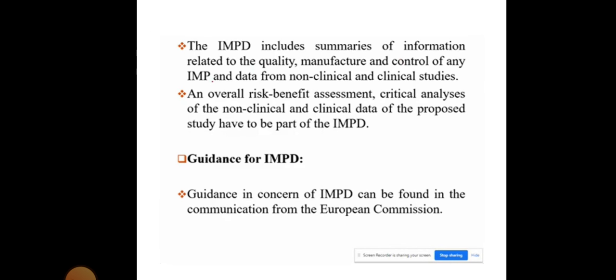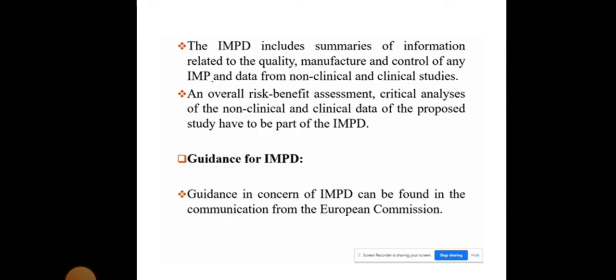Next, the IMPD includes summaries of information, means the dossier or the document. It consists of the information related to the quality, manufacture and control of any IMP and data from non-clinical and clinical studies.